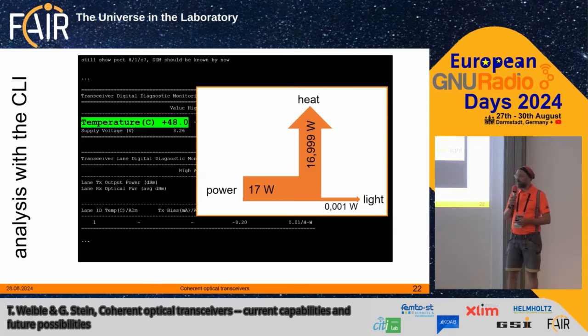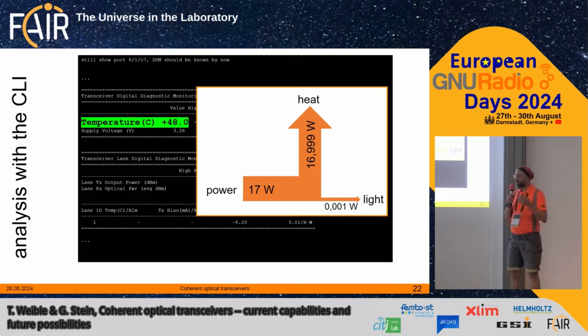Now when we look at the figures, in optical transmission the math is quite simple. We feed in a lot of power, and typically those tiny modules take 17, in some circumstances up to 20 watts, and we have not only one module in such a switch, we have 20, 30 on a small dense unit. And we convert it basically to heat.